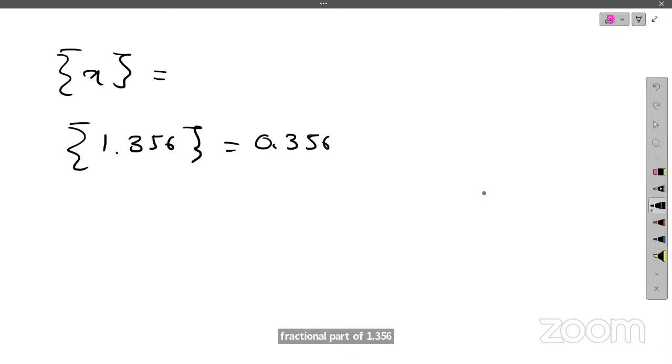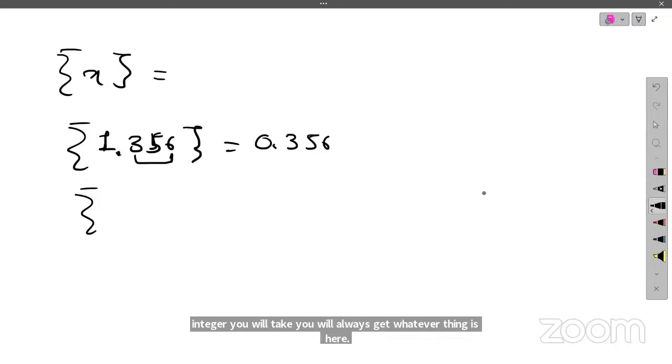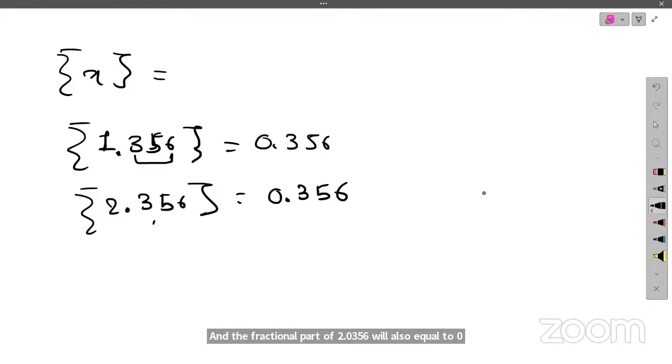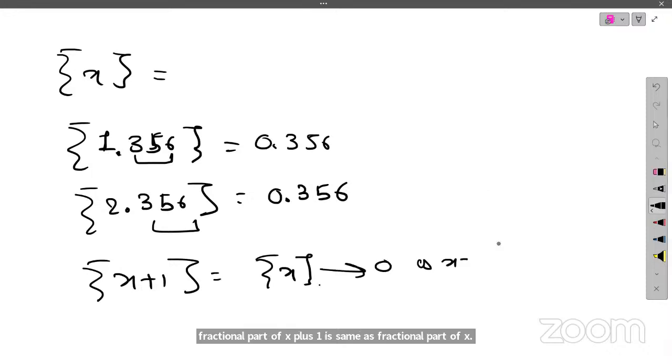No matter which integer you take, you will always get the same thing after the decimal. So the fractional part of 1.356 is also 0.356, and the fractional part of 2.356 will also equal 0.356, because we have to consider the terms which are after the decimal point. That's why the fractional part of x plus 1 is the same as the fractional part of x, and this goes to 0 as x goes to 0.